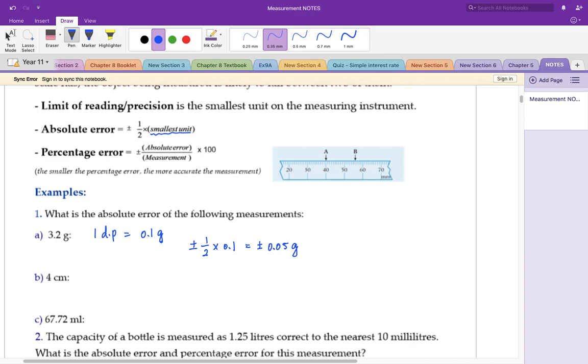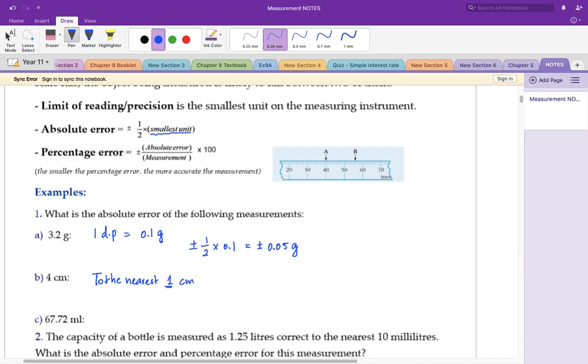Alright, next one. 4 centimeters. How many decimal places are there? There's no decimal place, right? But it's to the nearest what? It's to the nearest 1 centimeter, right? Because it's a whole number, to the nearest 1 centimeter.